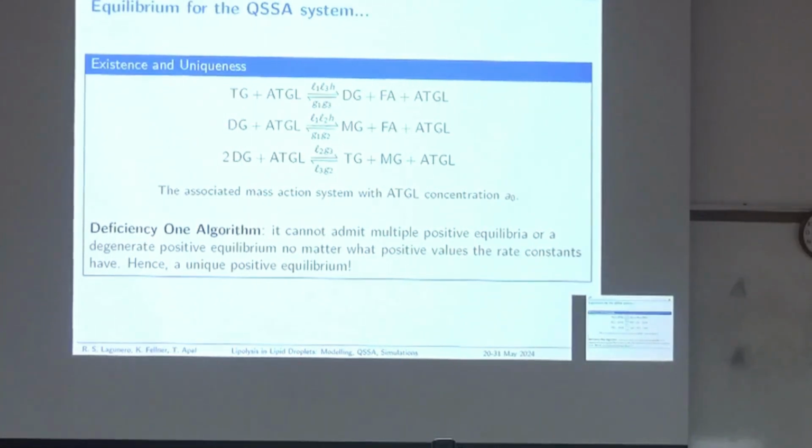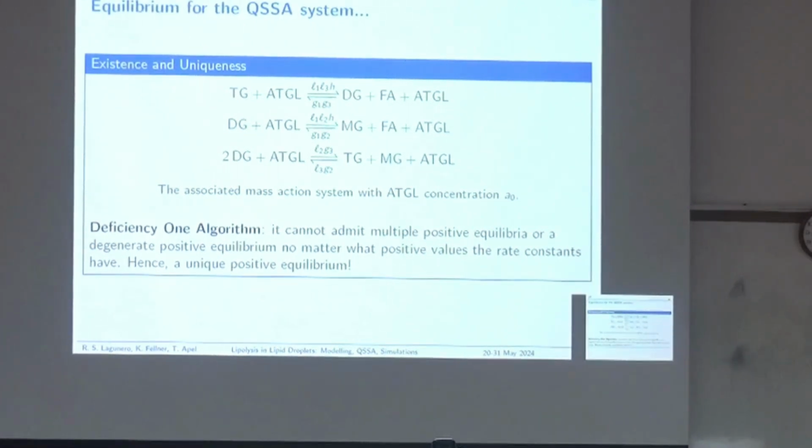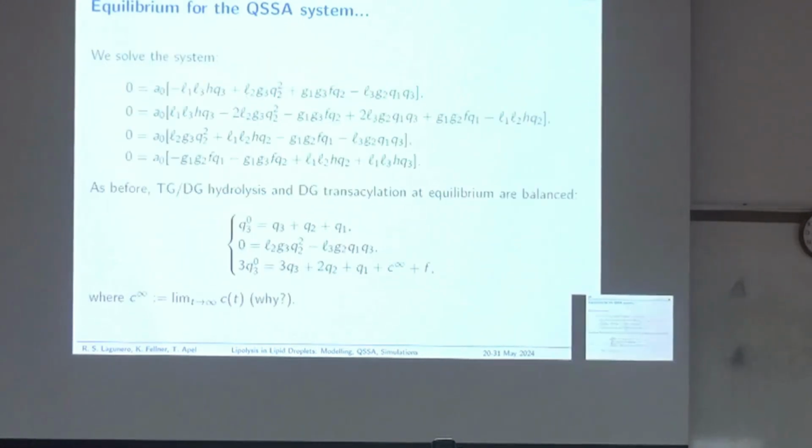What will give you the unique existence of positive equilibria is the so-called deficiency 1 algorithm, which tells you whether you can have multiple positive steady states. The deficiency 1 theorem already tells you that it is possible to obtain multiple positive steady states, but the deficiency 1 algorithm will tell you if you can have more than 1. And according to the deficiency 1 algorithm, you cannot have more than 1, and so you should have 1 unique positive equilibrium.